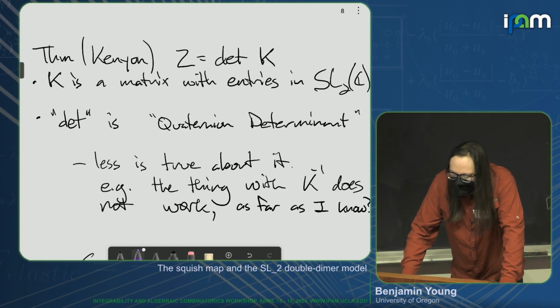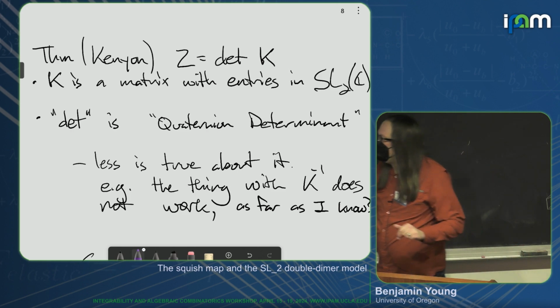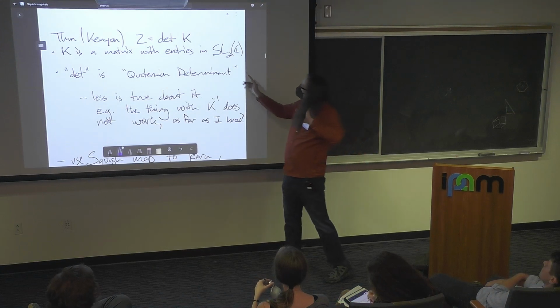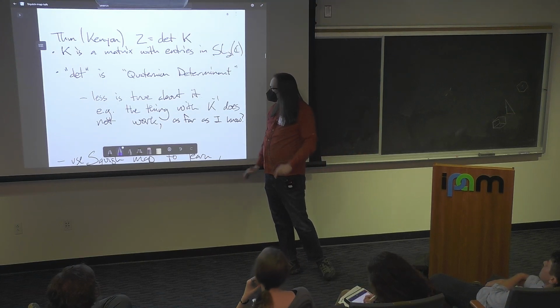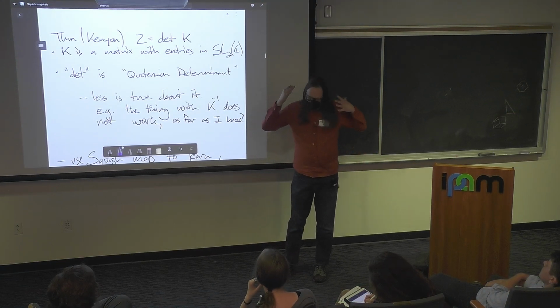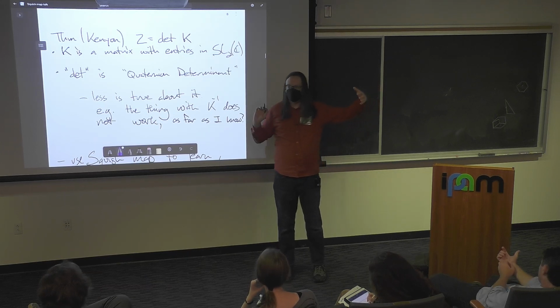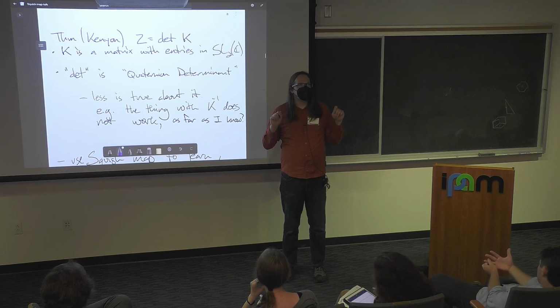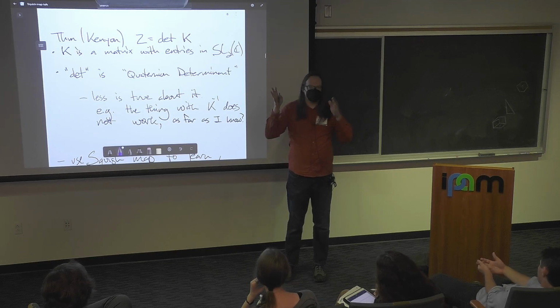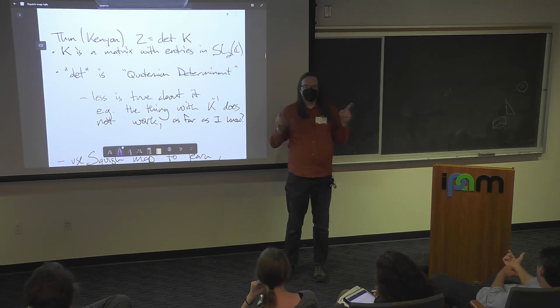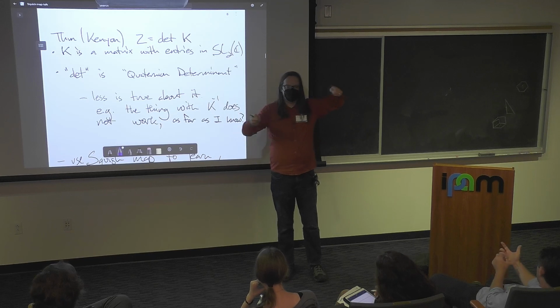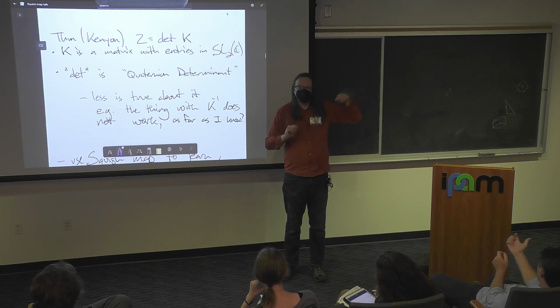But in this case, since these matrices all have determinant 1, you can still make sense of the Laplace expansion for the determinant. When you take the determinant, it's a sum over permutations. You can take those permutations and break them into disjoint cycles.